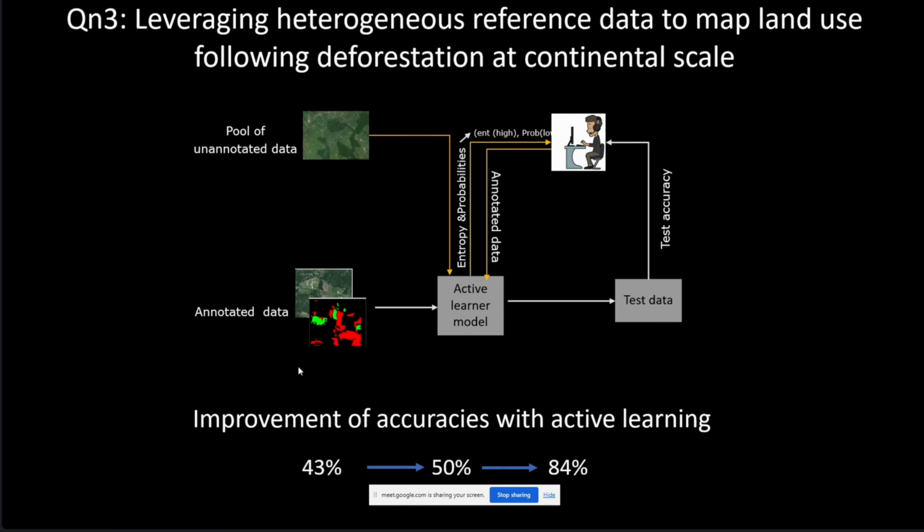Initially, we just added the data and trained. We obtained an accuracy of around 43%, but through iterative active learning, so interaction of the deep learning model with humans, we were able to improve the accuracy to 84%, almost double the initial performance of the model.